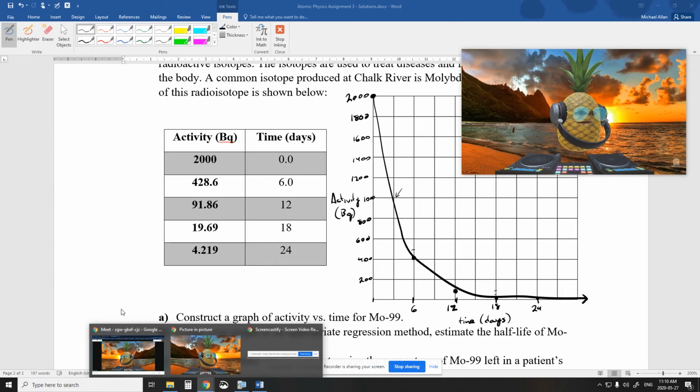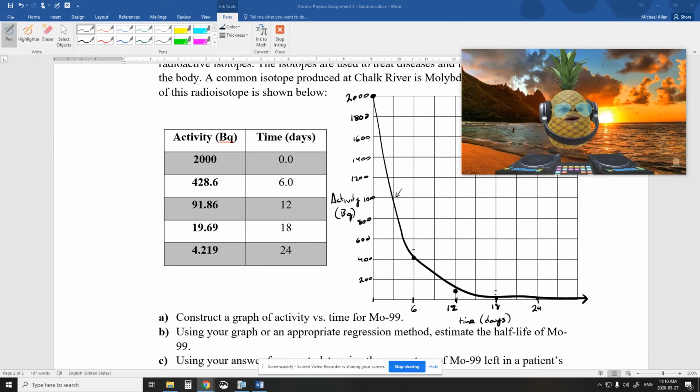I've got to find a calculator. You can do it with the Desmos calculator, however you want to do it. Let me do it by Desmos because most people did that using their lab. Let me just sign into my Desmos here.